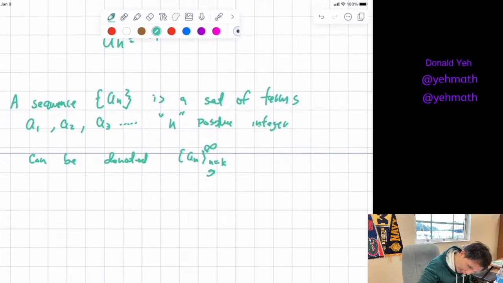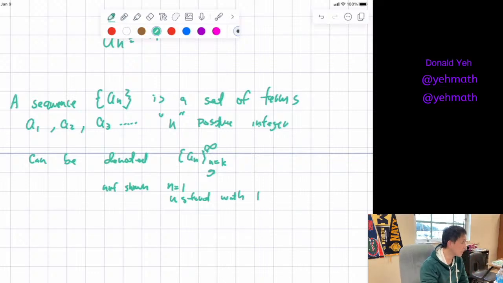If this is not shown, then n always starts with 1. So usually you start with 1. You cannot have a negative 1 term, that doesn't make sense. You can have a 0 term, which sometimes happens, but usually it's the first term.